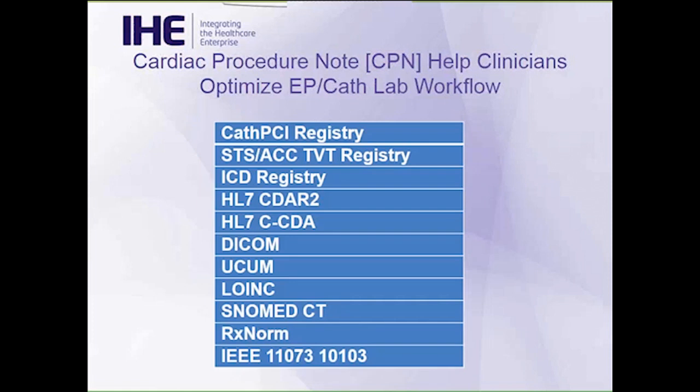And as we talked about, the standards drive everything we're doing. So these are some of them. Of course, we have things Chris had mentioned already. We have additional things that we looked at in this: RxNorm, for example, the ICD registry from ACC, the TVT registry, the CathPCI registry, including the different versions.